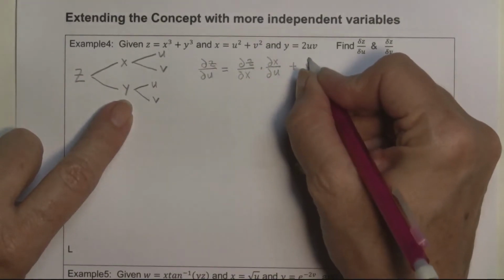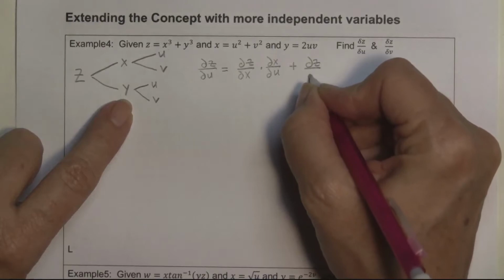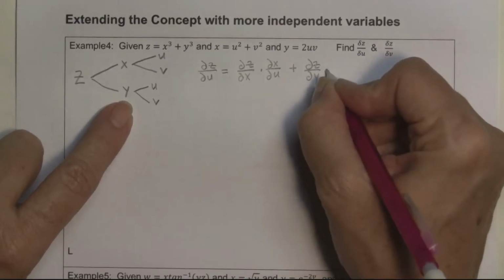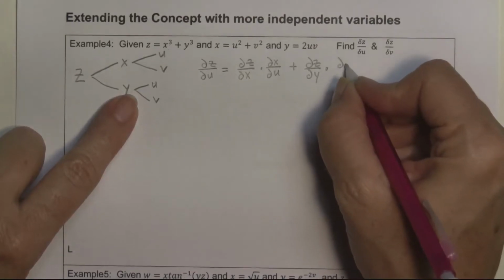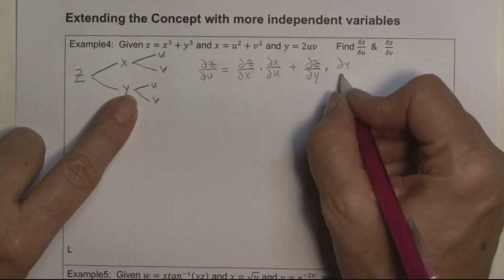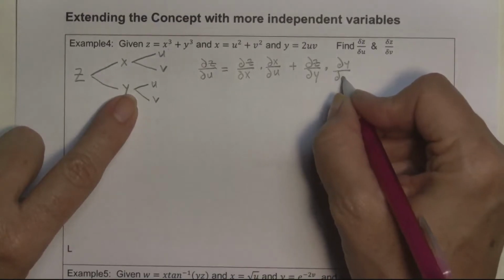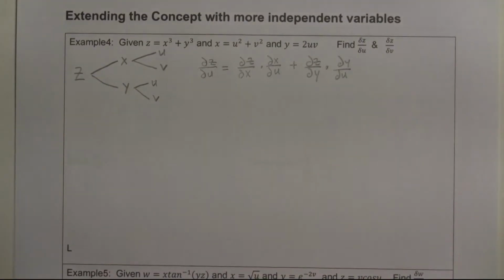So that's the partial of z with respect to y times, and then following the trail to u. So this is a partial again because there's two choices there. And then now I've written out that partial derivative, and I'm going to find it.